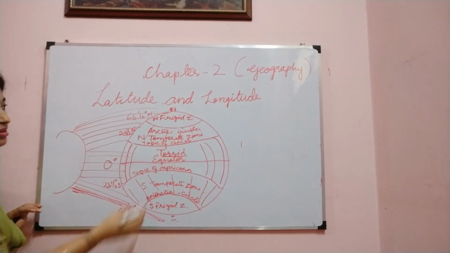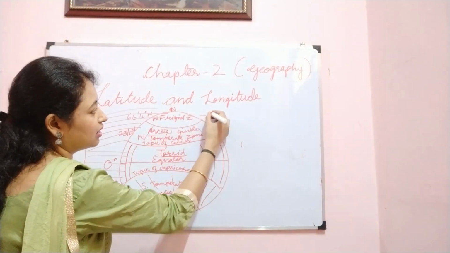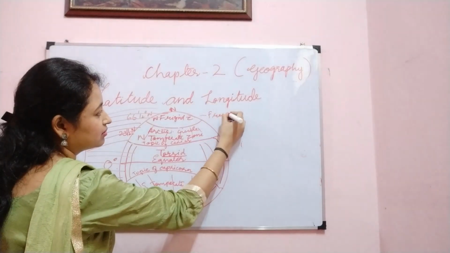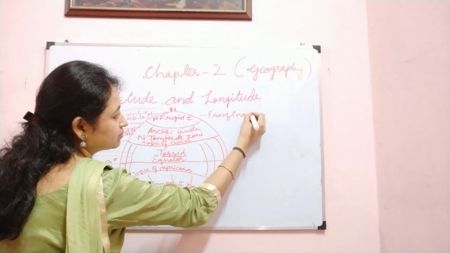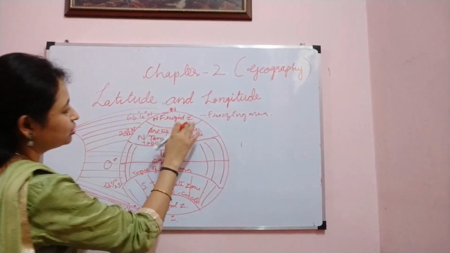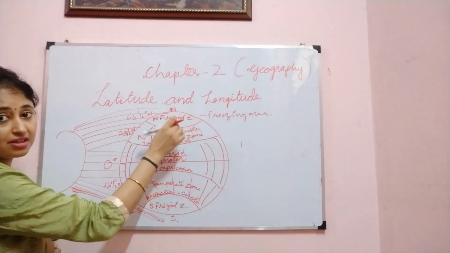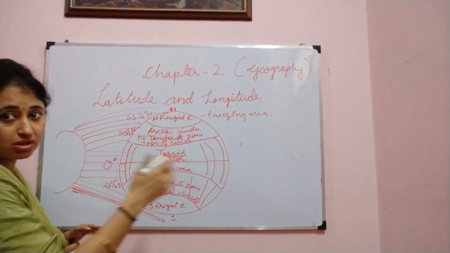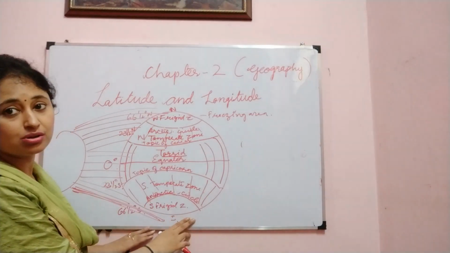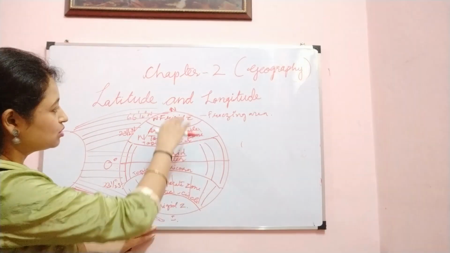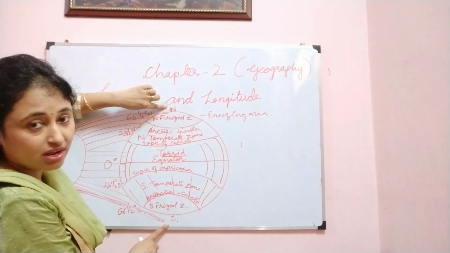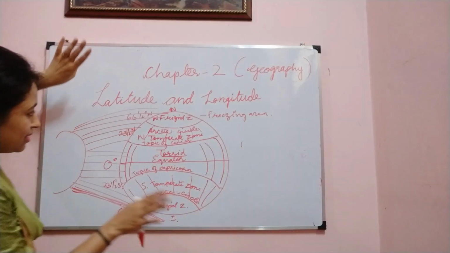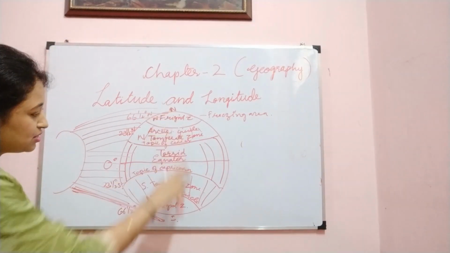So these are the freezing areas. We know that the Arctic Circle is the place where we have more snow, and Antarctica is also covered with snow throughout the year. So both are called the frigid zone. I know I have messed up a bit, but I hope you will understand this.